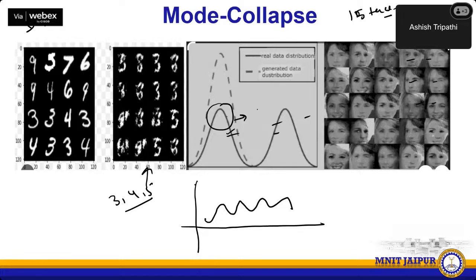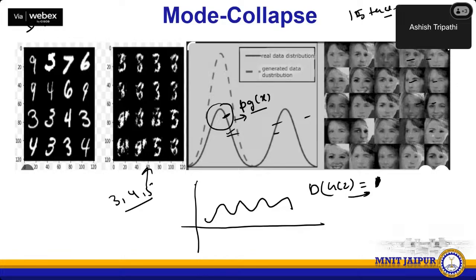However, as a matter of fact, generator G has generated a probability distribution like this, P of G of X. And my discriminator is not able to bifurcate this. It is producing one for this. That means my discriminator is not able to predict or classify correctly whether this face which is being generated by generator is real or fake.